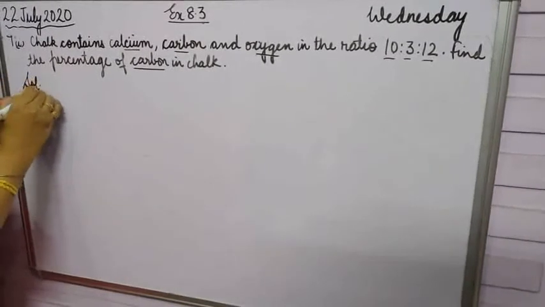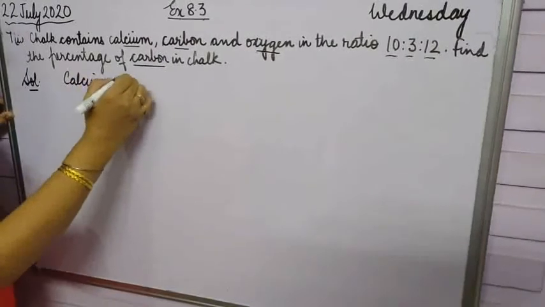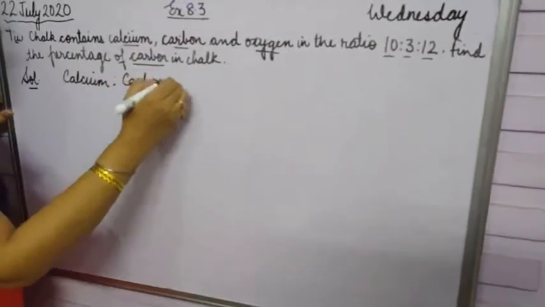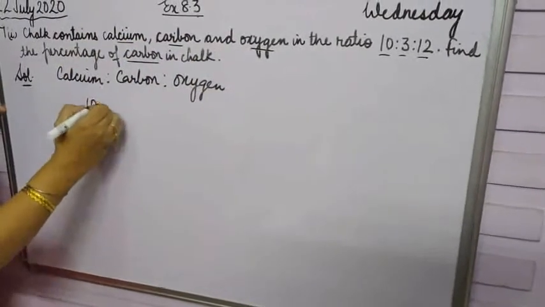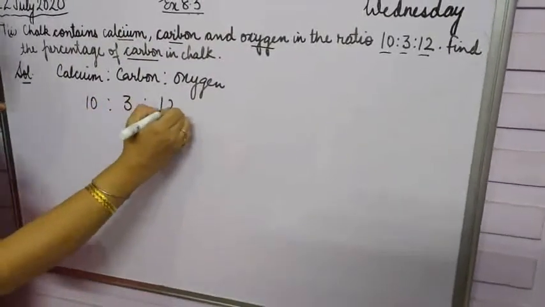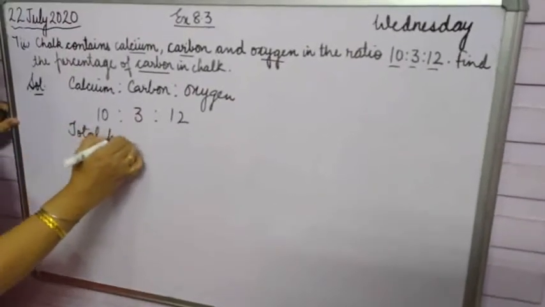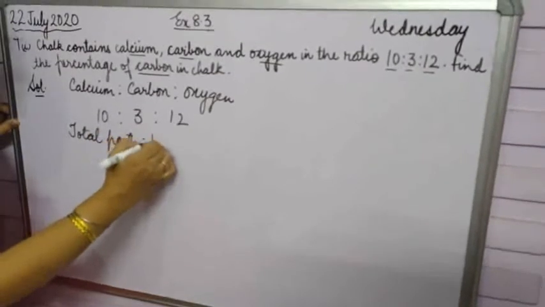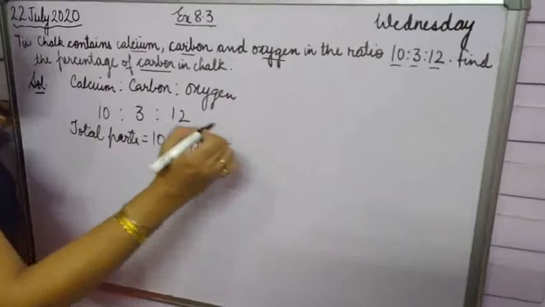So let us first write down the ratio: calcium, carbon, oxygen, and it is given to us as 10:3:12. Now let us find out the total number of parts. 10 plus 3 plus 12 is equal to 25.